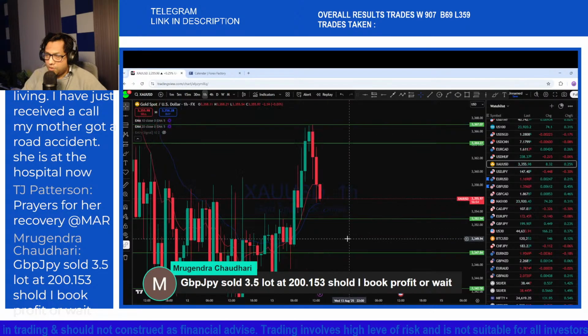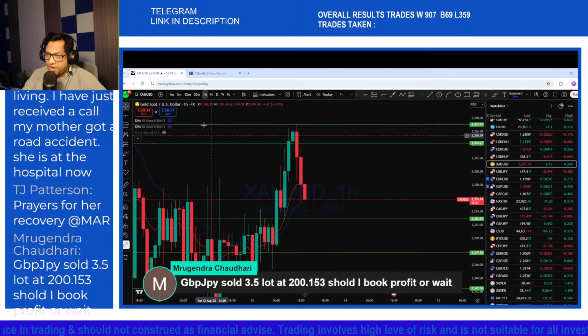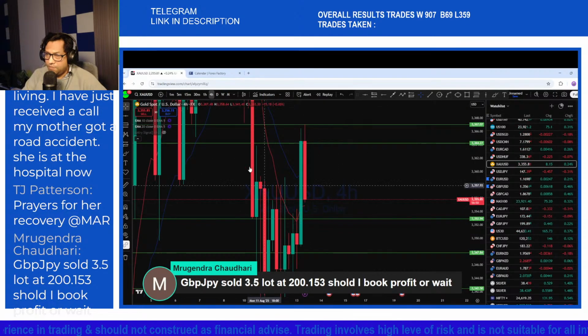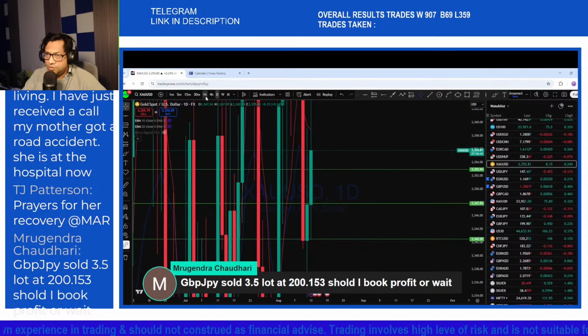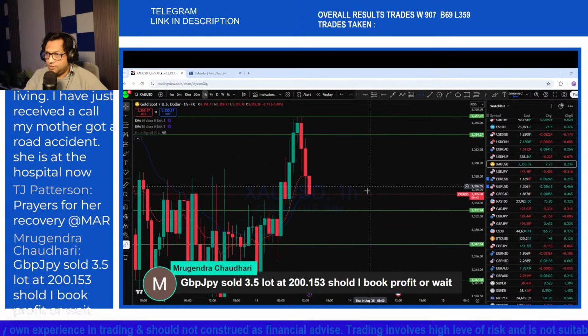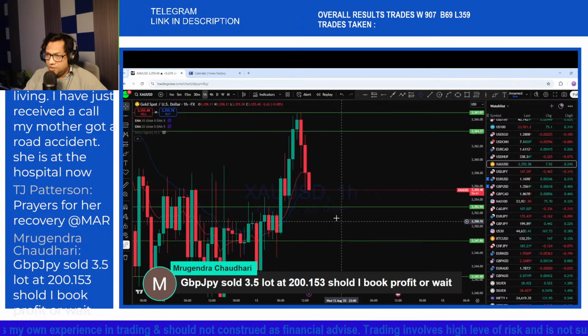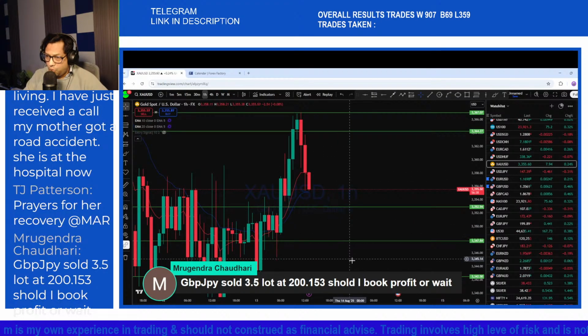So this is the 1 hour price action where the price potentially will be coming back below to this daily low, and with this 1 hour price action we may see the price drop well below this level.